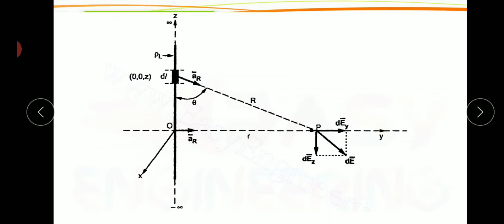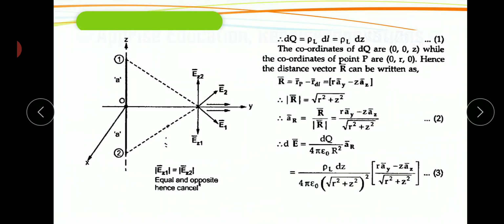So first we have to know the coordinate points of dq and P. dq is only along z axis, P is only along y axis. So these are the coordinates of dq and P. Now we have to determine the distance between the dq charge and the point P. For this purpose, let us assume these coordinates as x1, y1, z1 and x2, y2, z2.